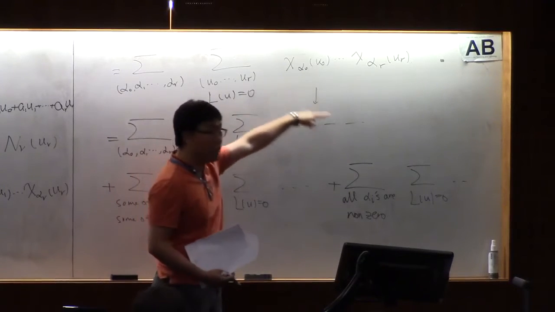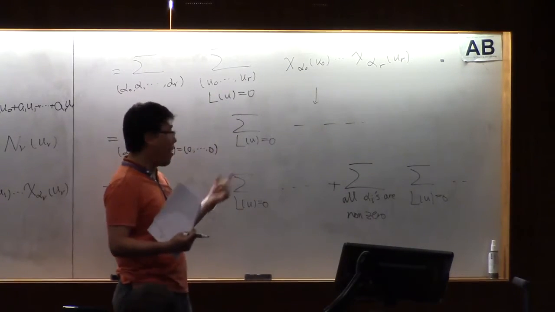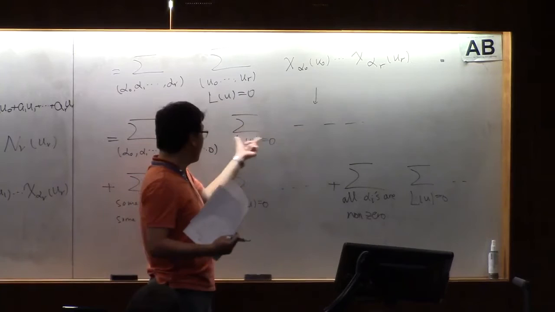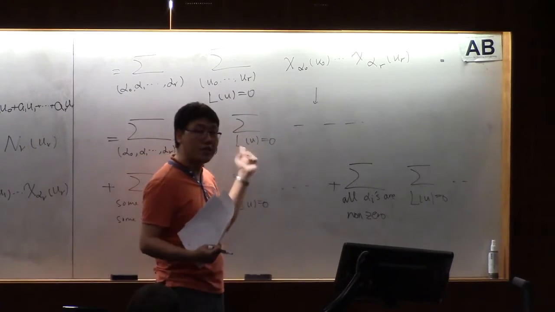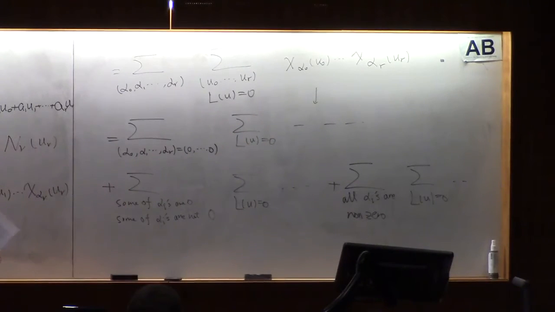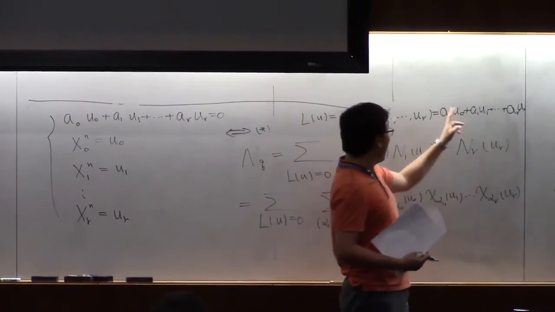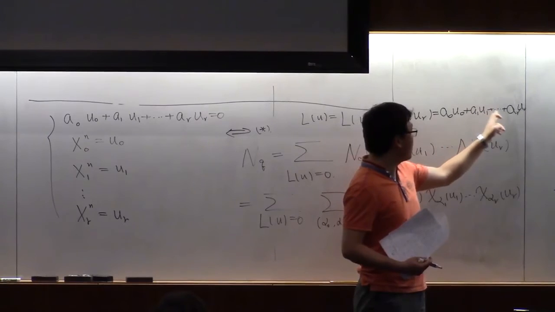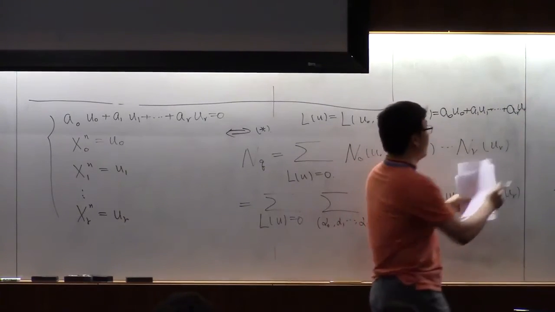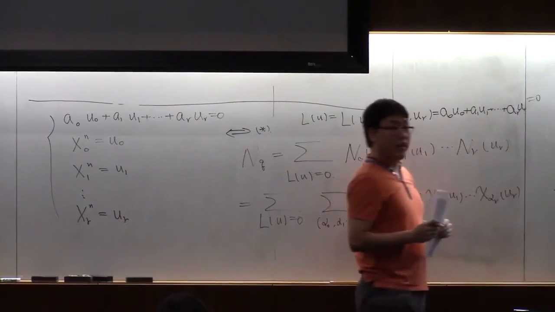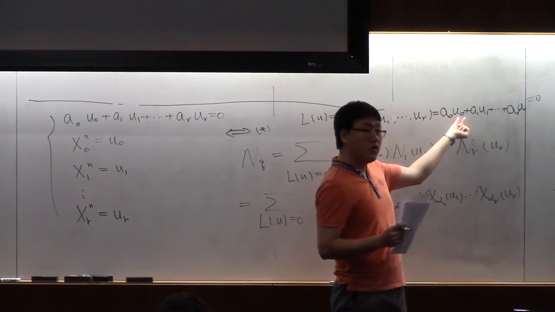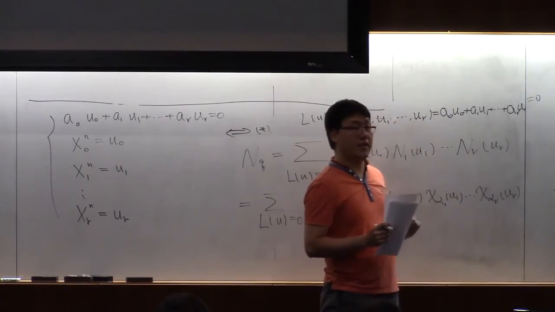Then how many ones do you have here? The number of these ones is equal to the number of solutions of this linear equation. But what is the number of solutions of this linear equation? Once you fix u1, u2, ..., ur, if you want to make this linear equation 0, then the value of u0 is uniquely determined.